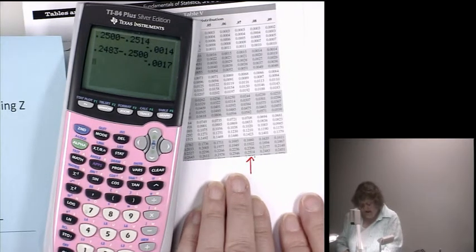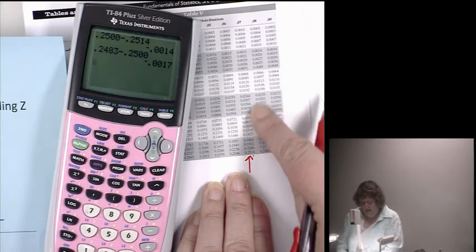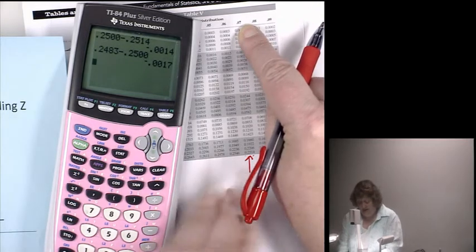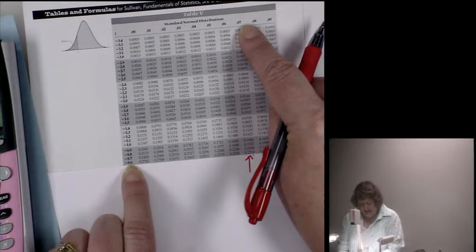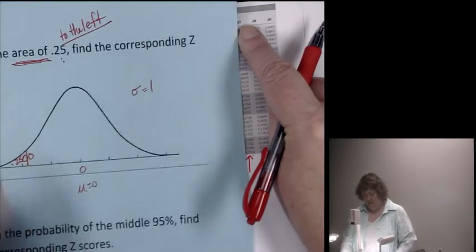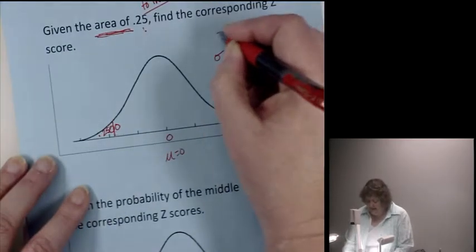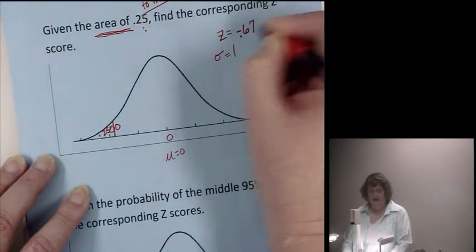That's the closest value. Well, what is the z-score that corresponds to that? Well, as I go up, I see that it's the 7. As I go out, I see that I'm at negative 0.6 on the row. So I was way over here too far because my z is negative 0.67.